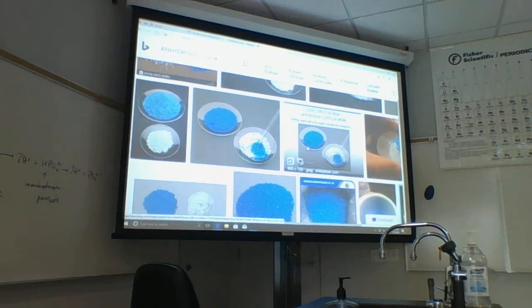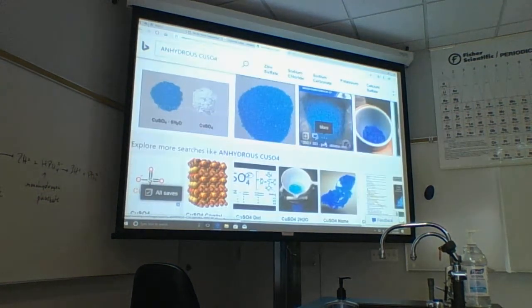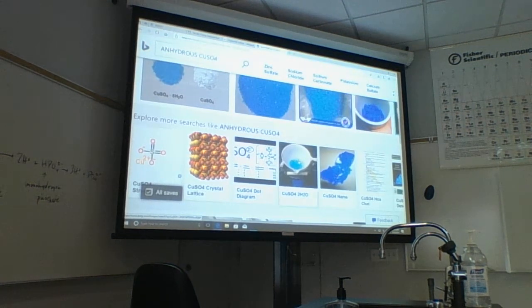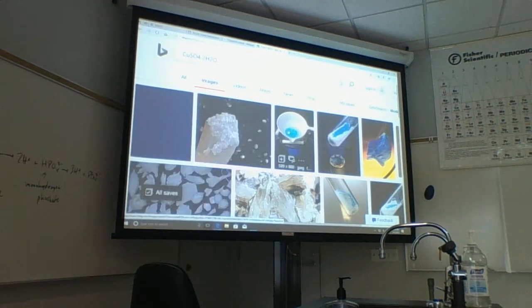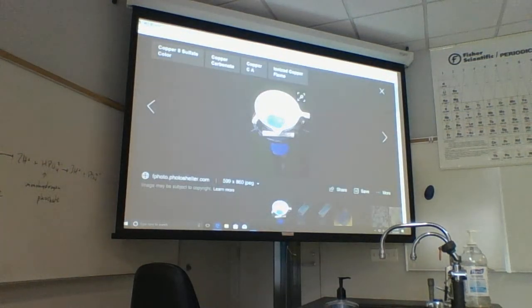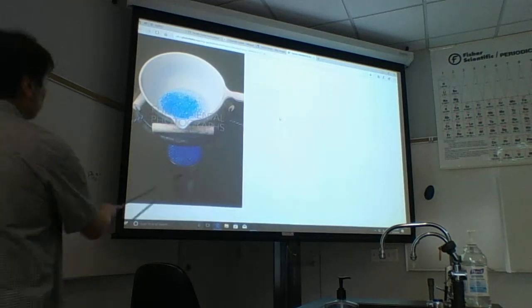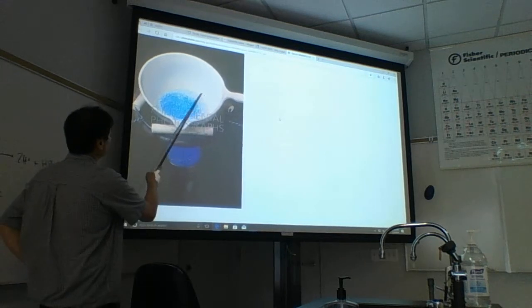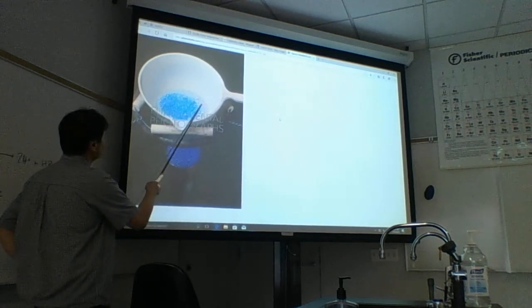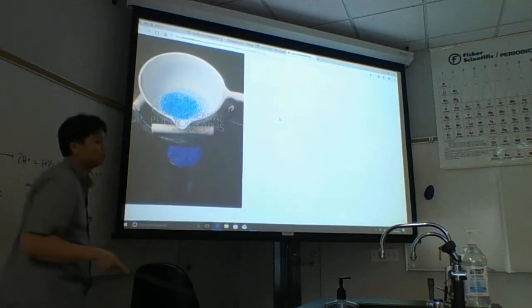It's actually pretty easy to do just by cooking it. You can see that they're cooking it over a burner here, and it's drying out on the edges. Center still wet.